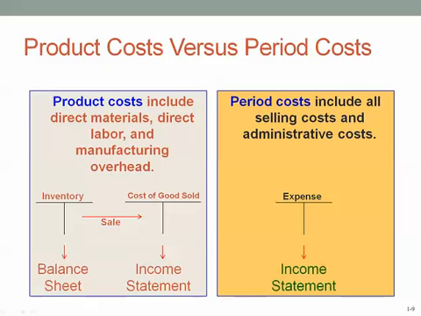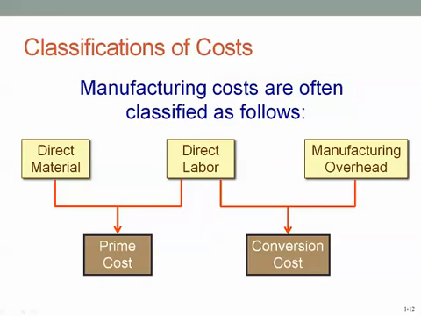Period costs, again, include all selling and administrative costs. Since they don't generate any future revenues, they get recorded directly on the income statement in the period in which they are incurred. A final classification or category of manufacturing costs that you often will read about are what we call prime costs and conversion costs.